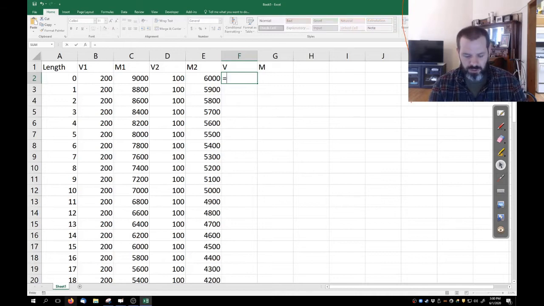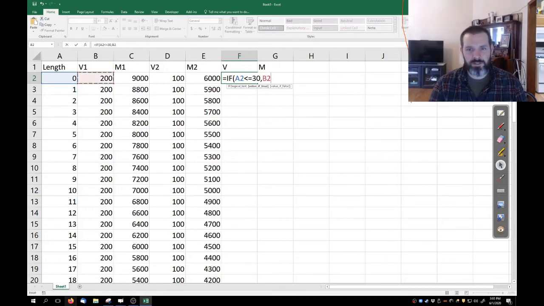So we're going to say equals if, and what's going to determine it is the length. So if the length is less than or equal to 30, we're going to use V1. If not, we're going to use V2.